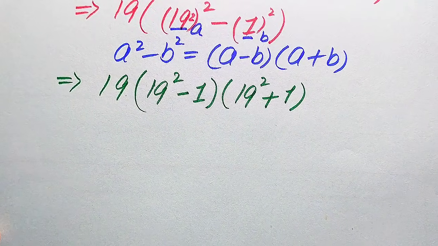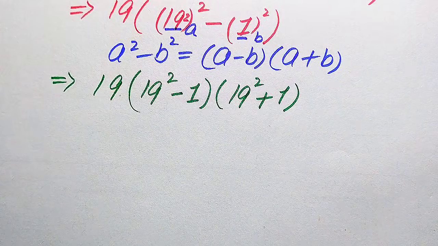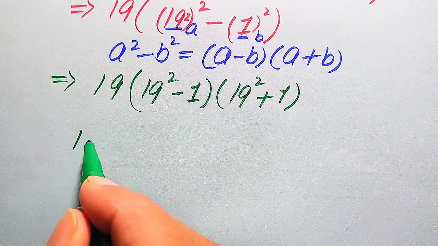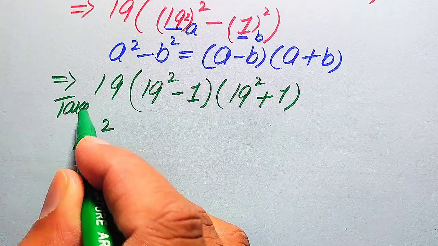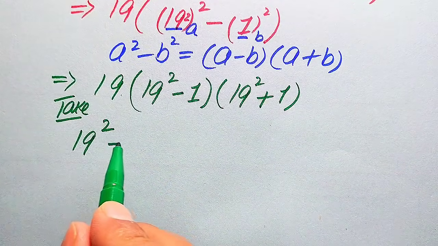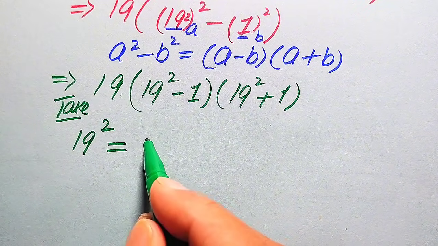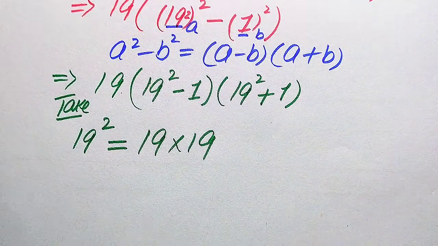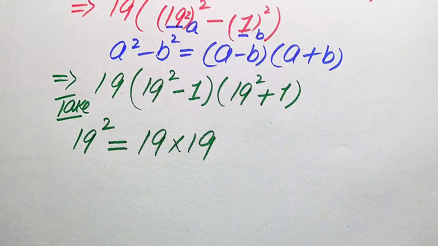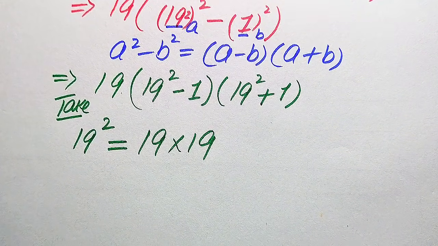So here our next target is to find the value of 19 square. 19 square means that we multiply 19 with 19. So here I can give you a nice trick of multiplication in which you don't need a calculator or any long calculations.